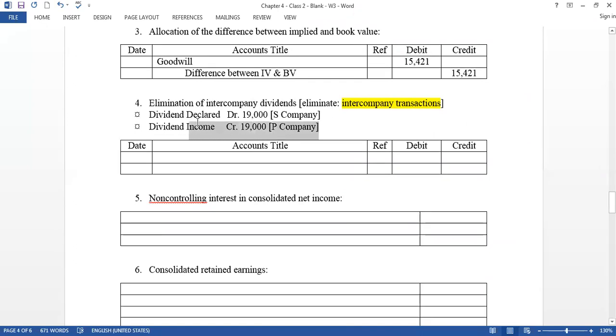Now, how to eliminate them? We already look at here. We already recorded income. We are the parent company. We already recorded the subsidiary company's dividend as our income. So how to close it? Now dividend income should be debit. If we write dividend income debit, and dividend declared credit, then it is closed.